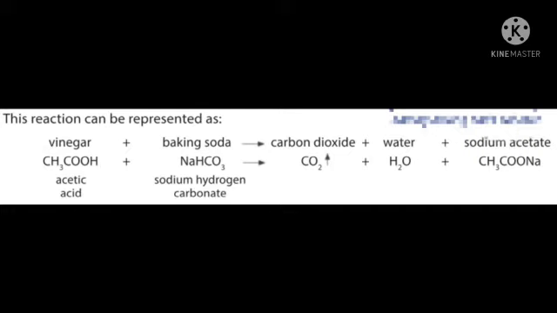Baking soda is sodium hydrogen carbonate, NaHCO3. It evolves the gas carbon dioxide, CO2, plus water, H2O, plus sodium acetate, CH3COONa. So we can write the equation as shown in the picture.